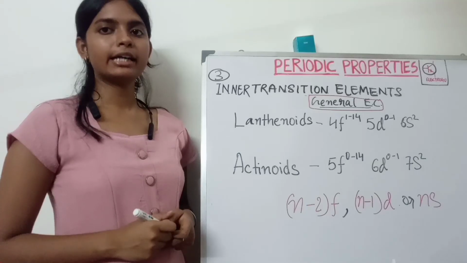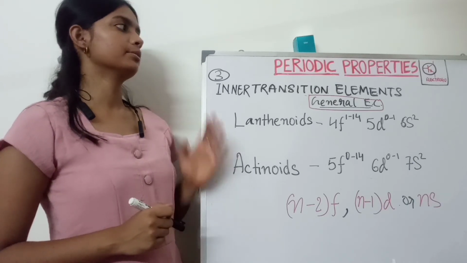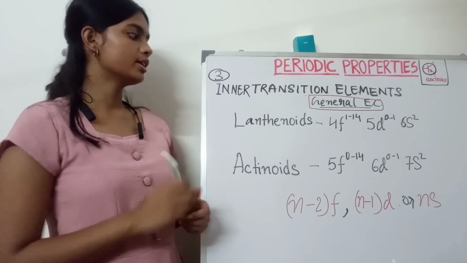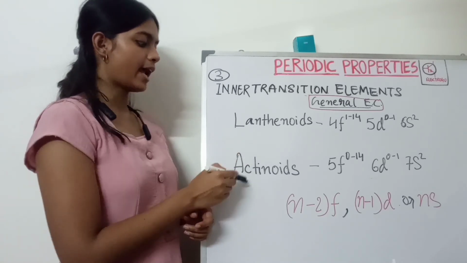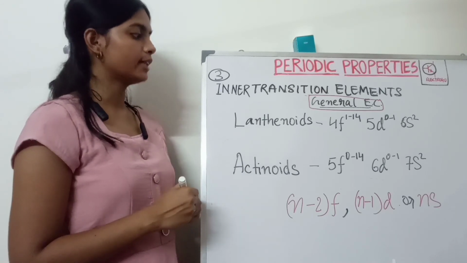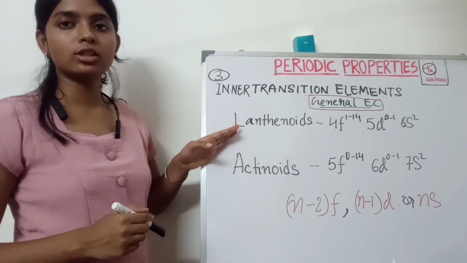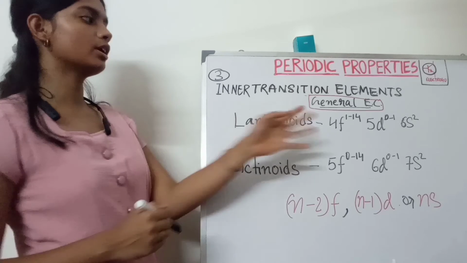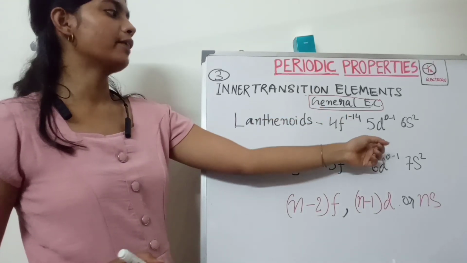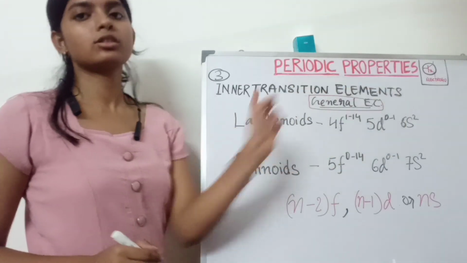The third type of element in the periodic table is inner transition elements. Under this, the lanthanide and actinide series come. For the elements in the lanthanide series, the general electronic configuration is 4f1 to 14, 5d0 to 1, 6s2.